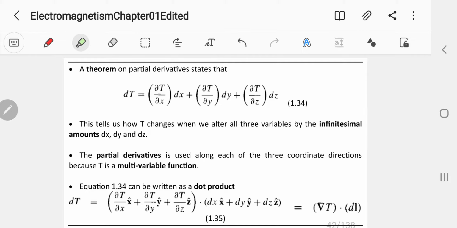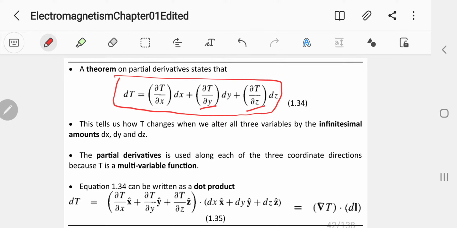This one here, the derivative of T with respect to x, is called the partial derivative of T with respect to x, the derivative of T treating y and z to be constant, and the total derivative would just be this one. Similarly here, you get the derivative of T with respect to y, treating x and z as constant, and here you treat x and y as constant.